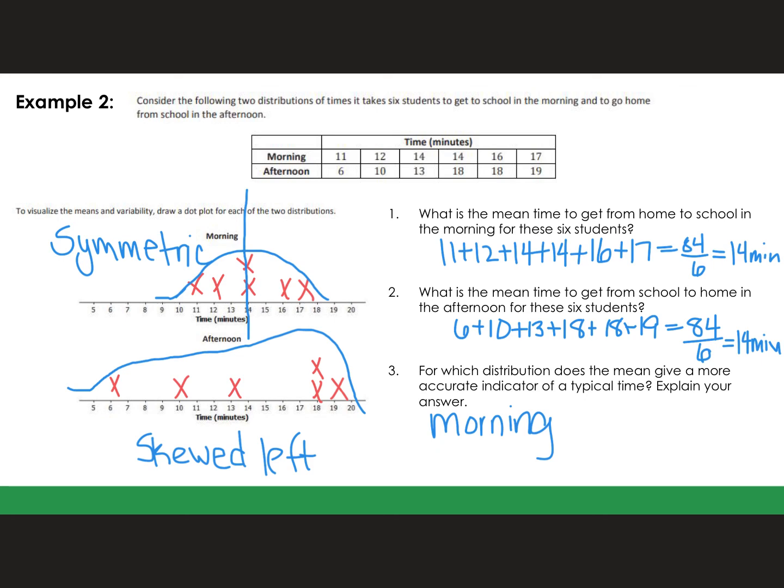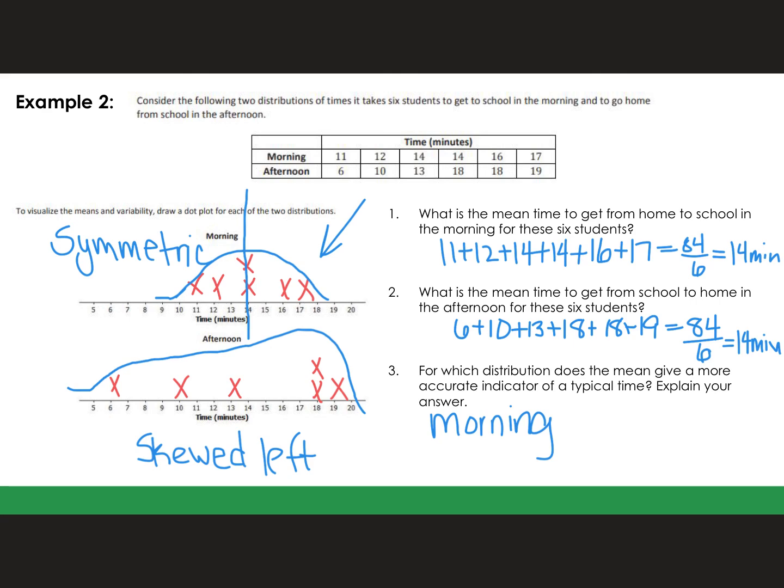Because all the times are clustered around that 14. They're close. We can see that with this graph up here, how it's symmetric, and the center is in the center, which is what will give us a good mean. This graph for the time to get home is very skewed and spread out.